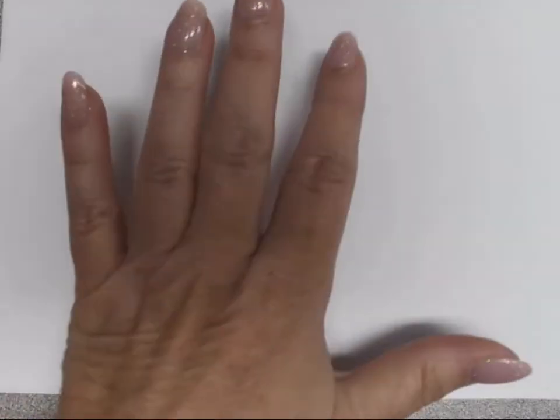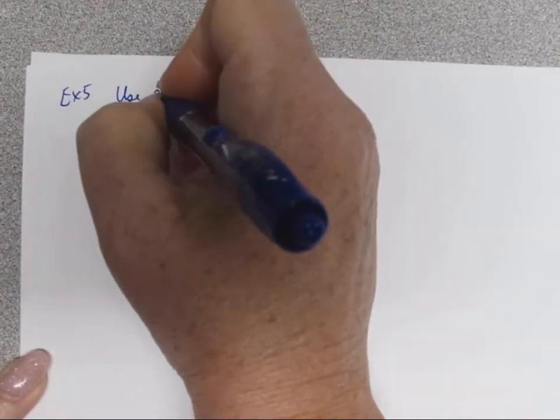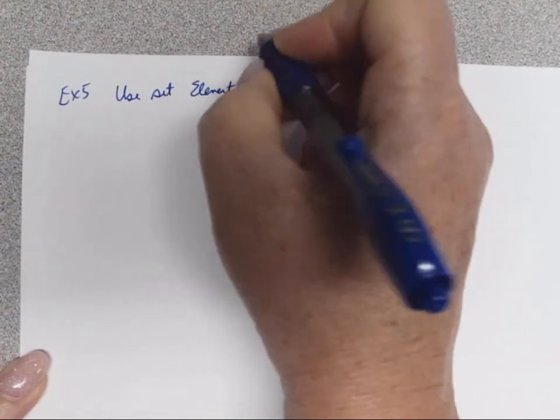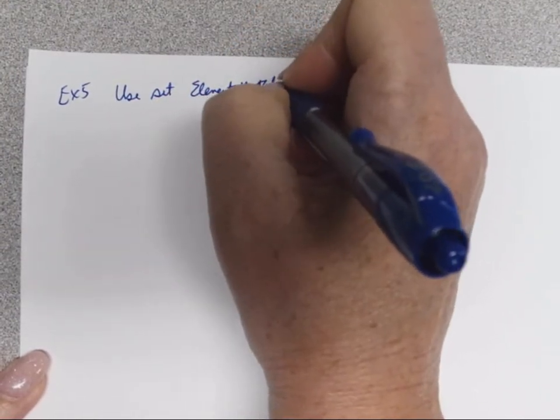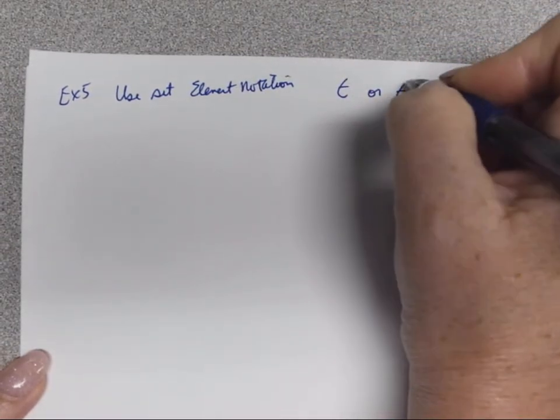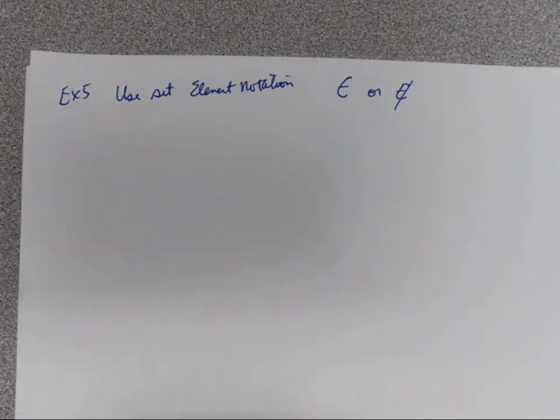All right, let's go to example 5. So for example 5, we are going to use set element notation. So we're going to use either this one or that one, okay? So either the E or the E with a line, and it's more of a curvy E. Looks like a comb that doesn't have very many teeth in it.